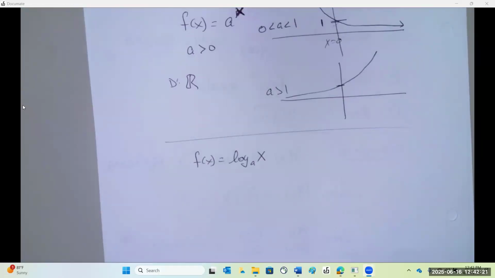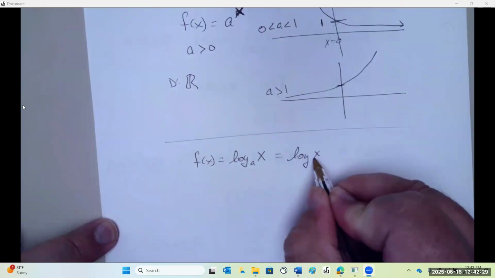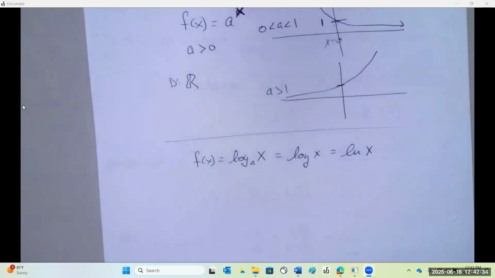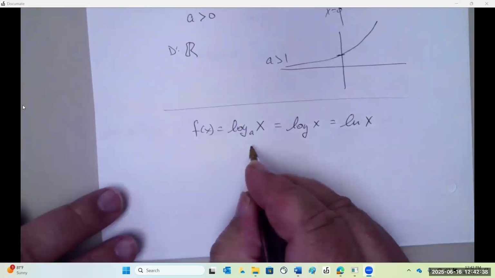How many of y'all remember things from logarithms? Well, there are 3 different types, depending on what the base is. This is the base.